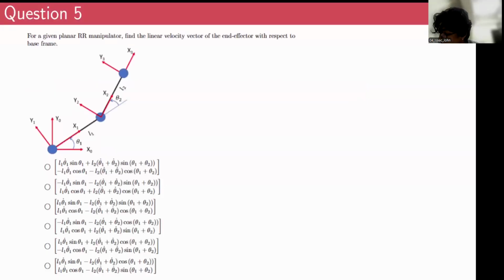For a given RR manipulator, find the linear velocity of the end effector with respect to the base frame. There are two ways of doing it.